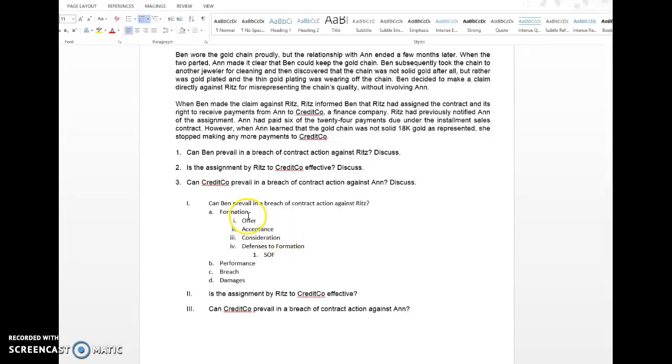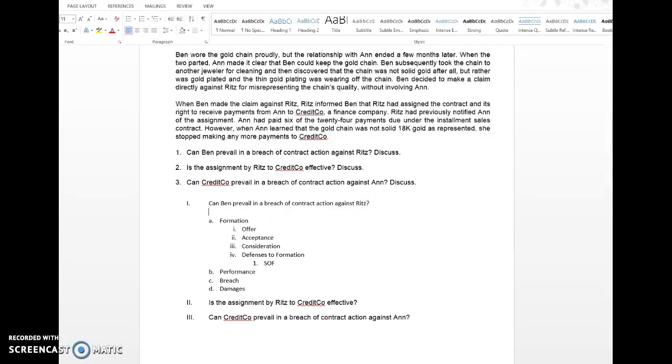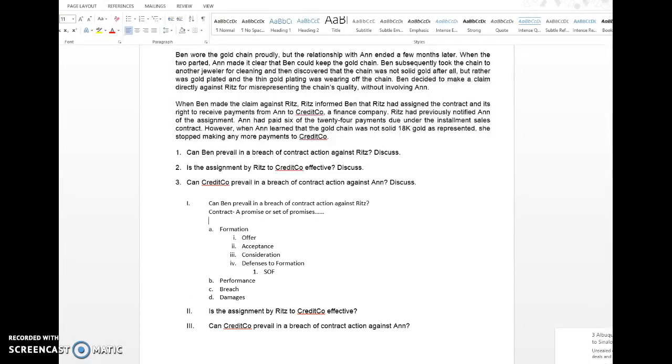So now I know that there's a few things I've got to cover before I get into my formation. I have to do my rule statement for contract, which is a promise or set of promises. I do that. What's the other thing I have to do? Well, underneath this, I have to give the governing rule.